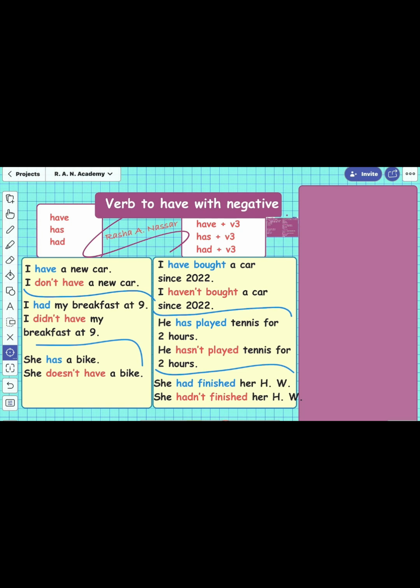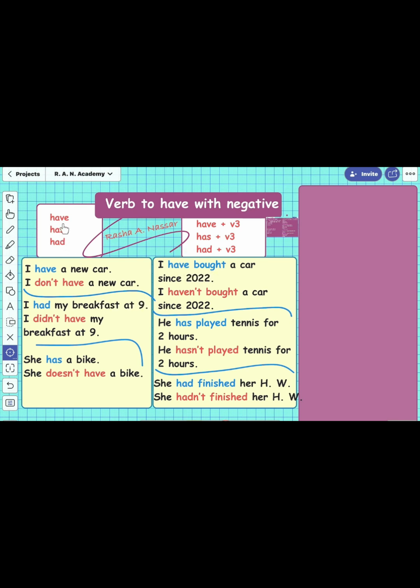Today we will see together how we can change sentences with the verb to have into negative. But before going into any details, you have to know that the verb to have comes either alone as a main verb in the sentence or as an auxiliary verb or helping verb with other verbs.